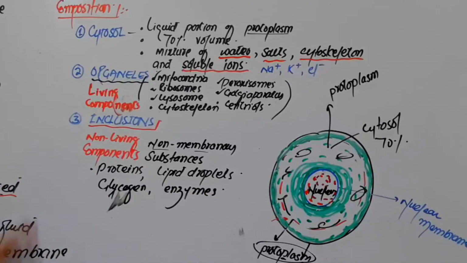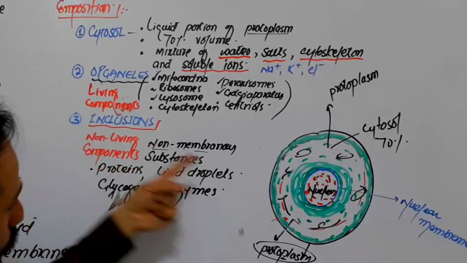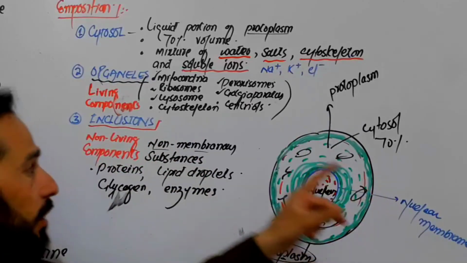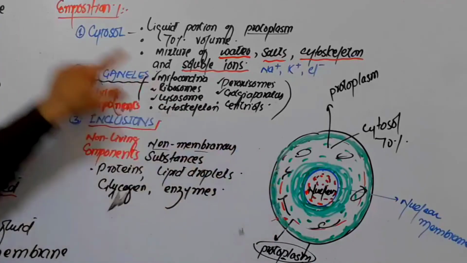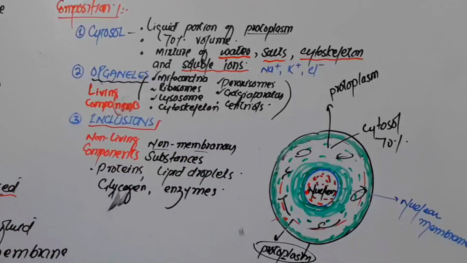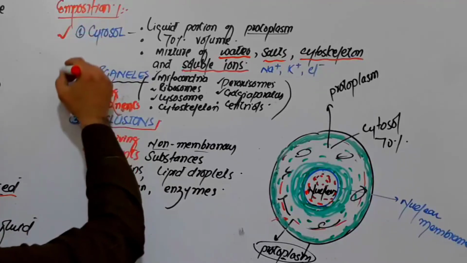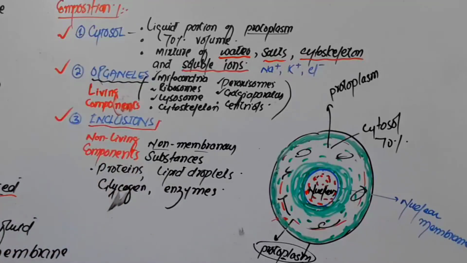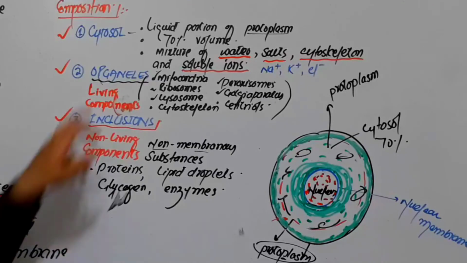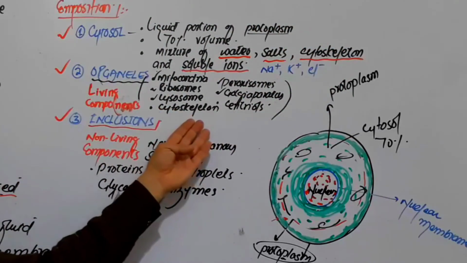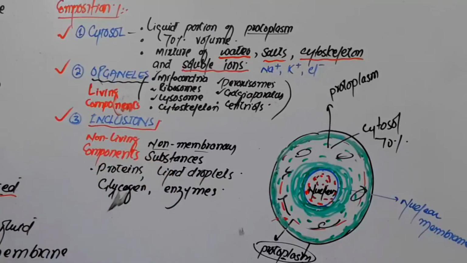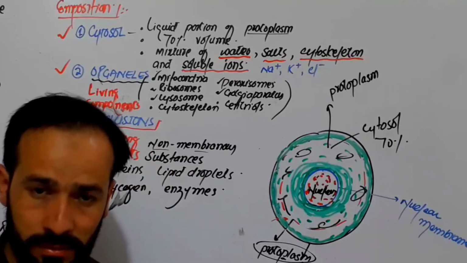So these are the inclusions of the cytoplasm. So we say that the cytoplasm inside our cell is composed of three important factors: the cytosol, the organelles, and the inclusions. I have written here the composition of the cytosol, of the organelles which are present there, and of the inclusions of the cytoplasm.